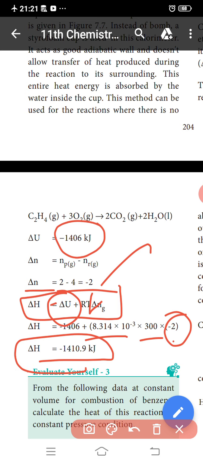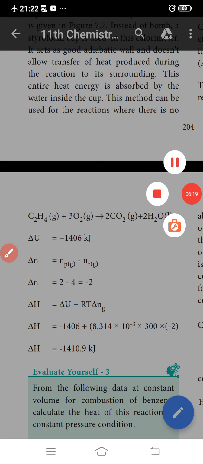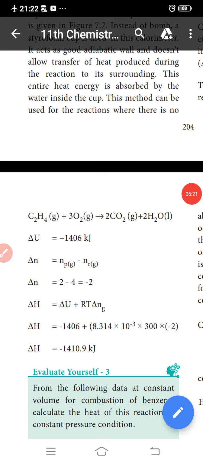This is the enthalpy value. Are you clear?